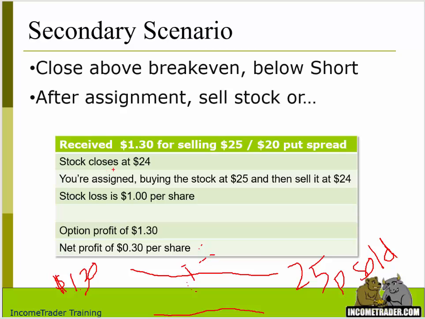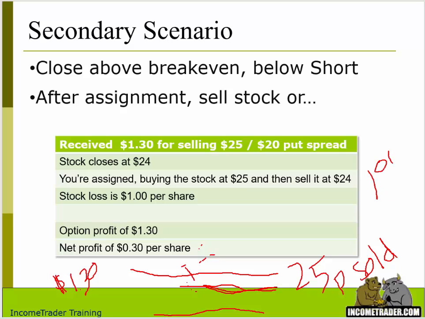So let's say the stock closes at $24 per share. Now what happens on expiration day, if someone is going to put it to you at 25 and make you buy it at 25 if it's worth 24? Yes, you're going to have a $1 loss.